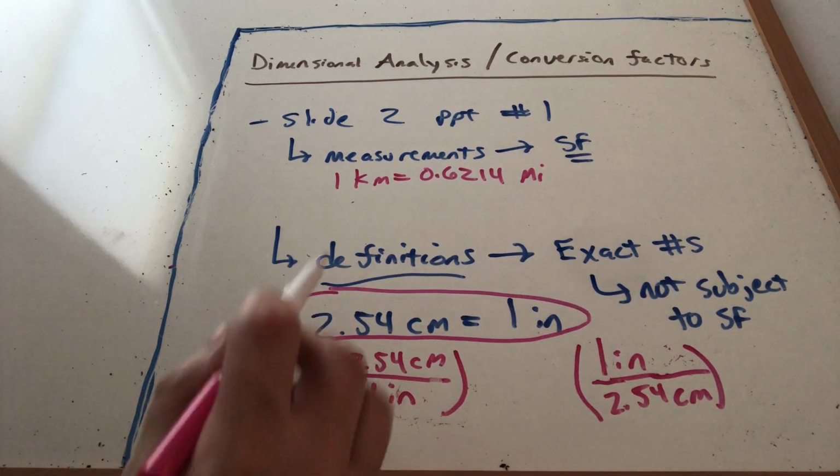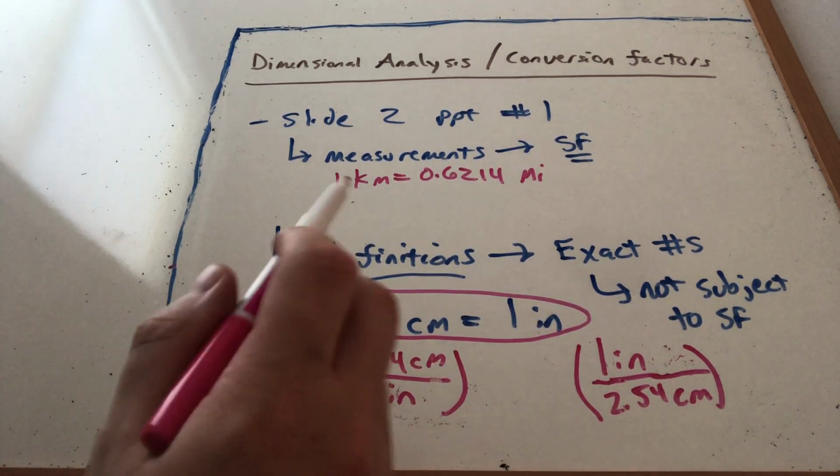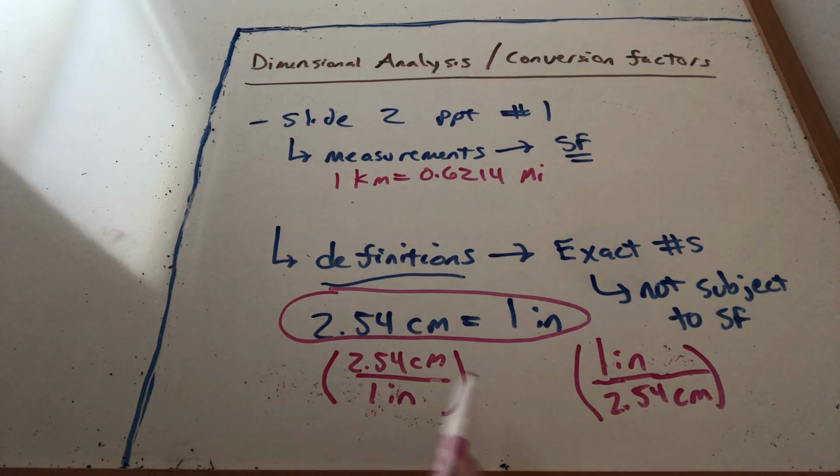What I'm giving you as a definition is something that's exact. So whenever I use this 2.54 in a problem, it's like it has infinite precision. We're never going to be limited by significant figures here. There's not really 3 significant figures here. It really is that 2.54 centimeters is 1 inch, and that is a set and true definition.